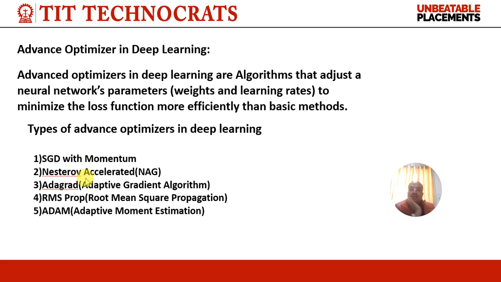Next are Nesterov accelerated gradient, adaptive gradient descent algorithm, and RMSprop. The full form of RMSprop is root mean square propagation. Then next is adaptive moment estimation. These are the five types of advanced optimizers. These optimize your weights and learning rate so we can achieve our global minima easily and fast.